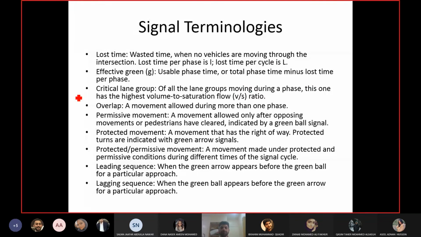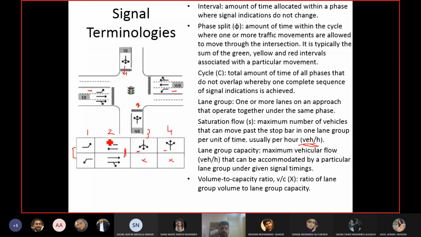Critical lane group. We have seen in the previous example that you may have more than one lane group in a phase, like you had for phase 1 and 2. So in phase 1, which of them will be the critical lane group? The lane group which has the highest volume capacity ratio, or the highest volume saturation flow rate ratio.